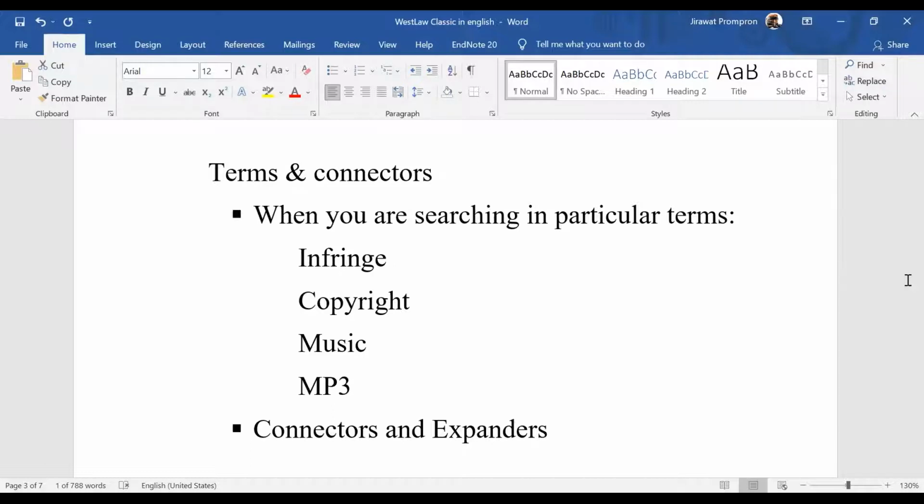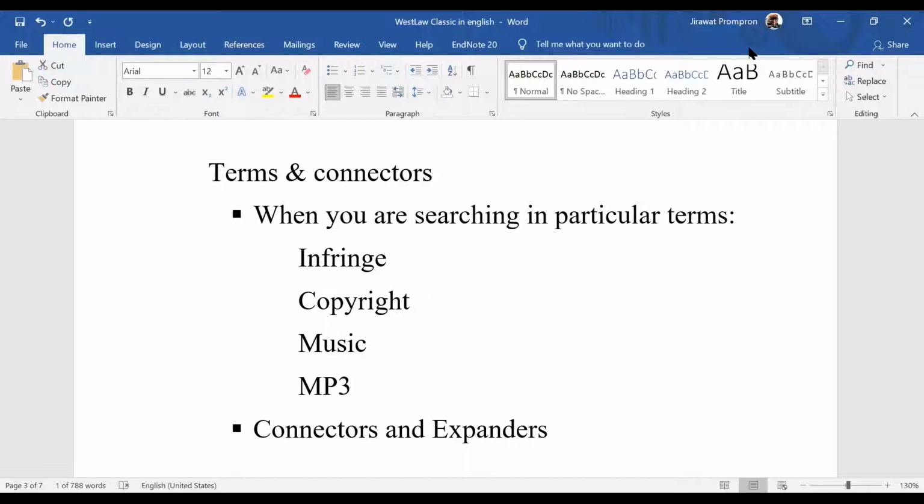I just want to know about copyright infringement. If I transform music to MP3 format, is this fair use or not? I just want to ask Westlaw to find articles for me.